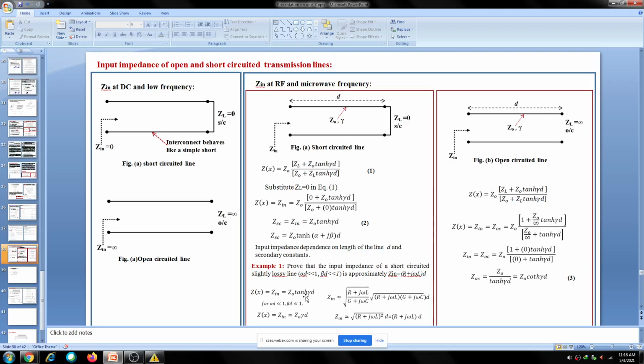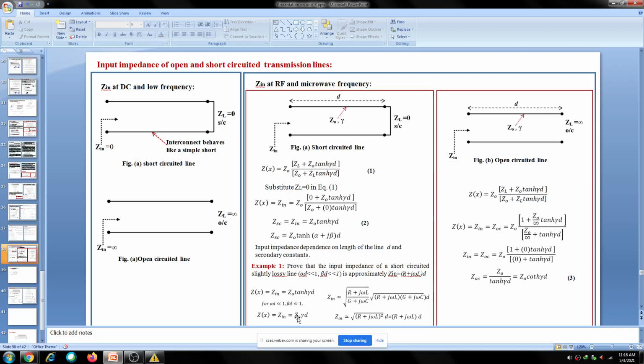So gamma is very small. In such a case, instead of tan hyperbolic gamma d, we can approximate it to gamma d. So it becomes Z0 gamma d.